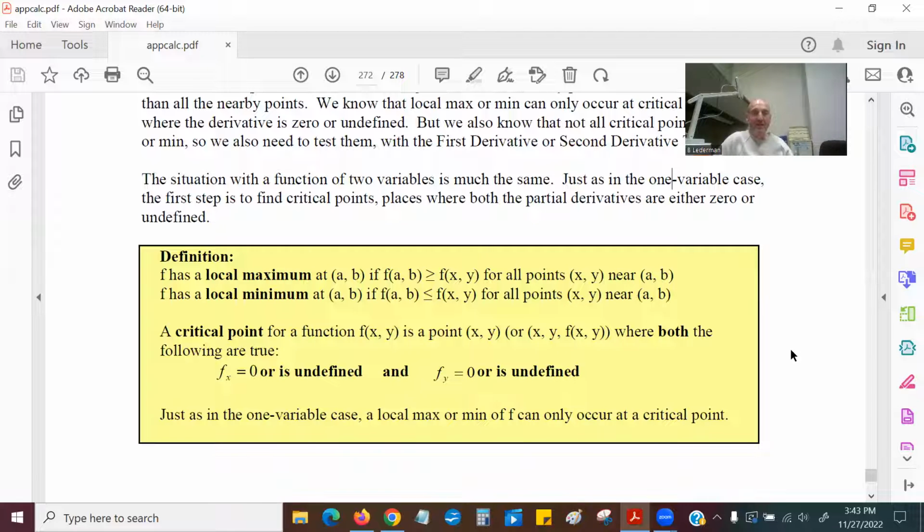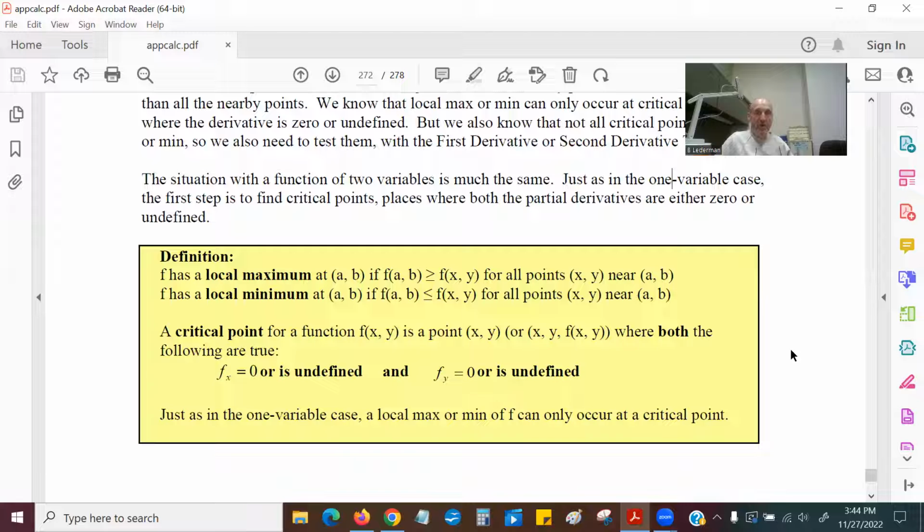So, like I say, we're just taking the concepts that we established and now applying them in more dimensions, more variables. Anyway, a critical point is a point where both of the following are true.